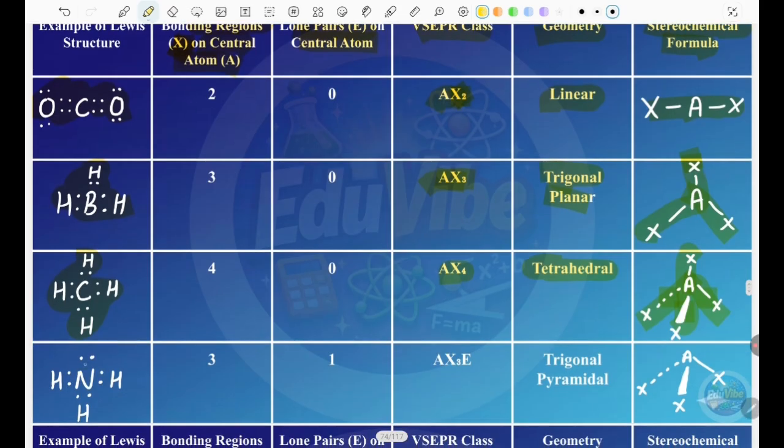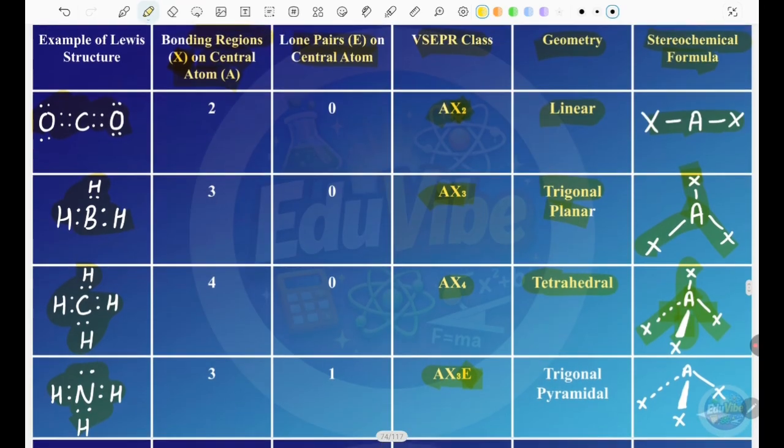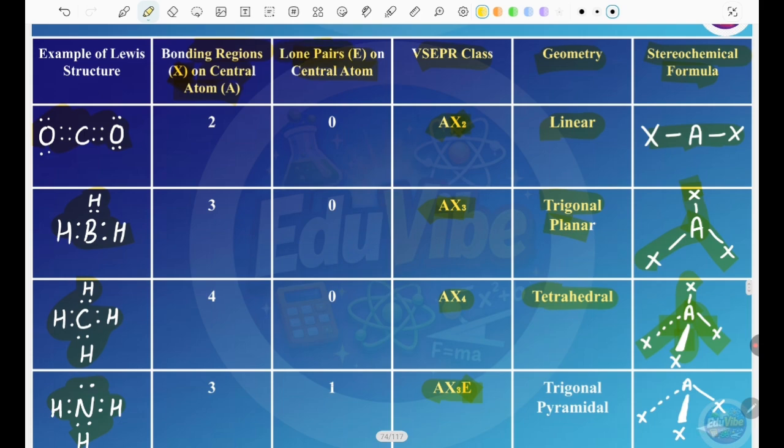Next we have this one, and this is AX3E. Now the E is there, and E is the lone pair, as I told you. This has one lone pair. The others have zero, but this has one lone pair, which is that one. A pair of electrons that does not bond with any other element is called a lone pair.